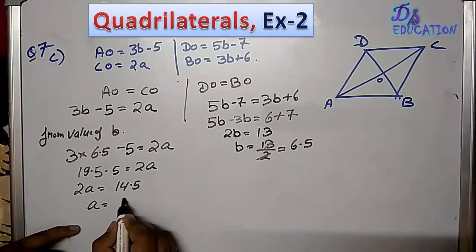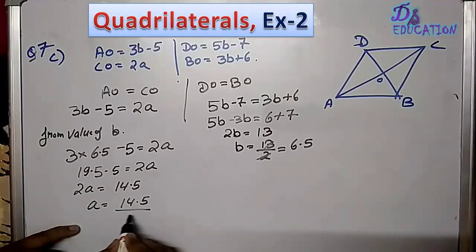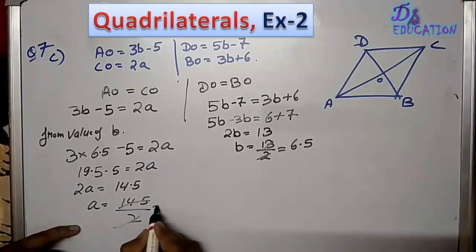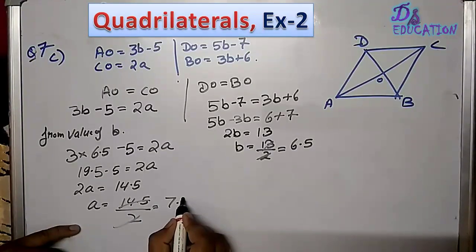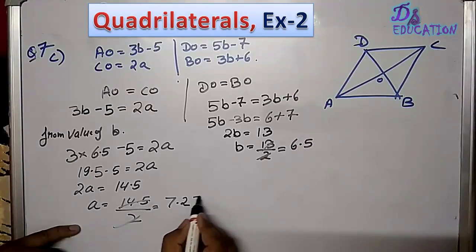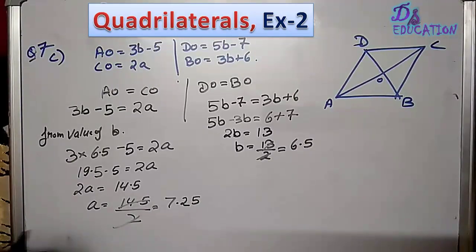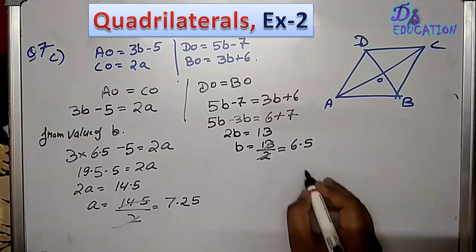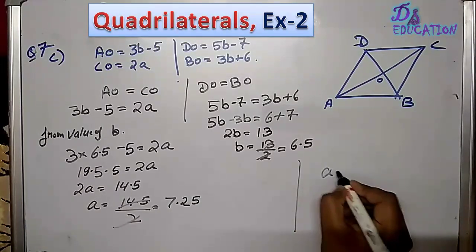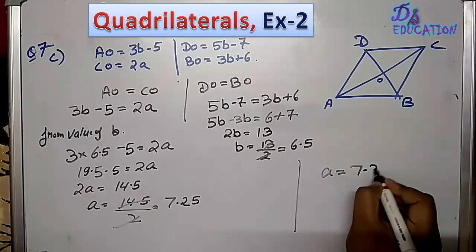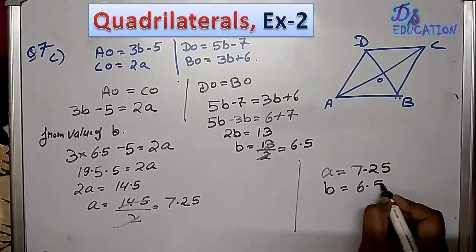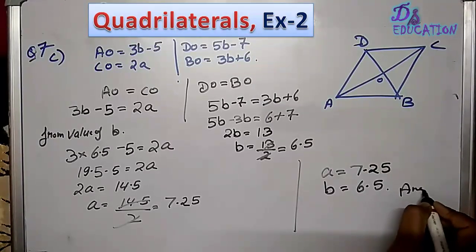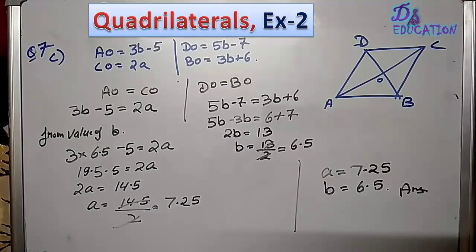So a will be equal to 14.5 upon 2. It will give you 2 7s are 14, 2 2s are 4, and 2 5s are 10. So a is coming 7.25. So what are our answers? a is equal to 7.25 and b is equal to 6.5, and these are your answers. Okay, same way the other questions you will complete.